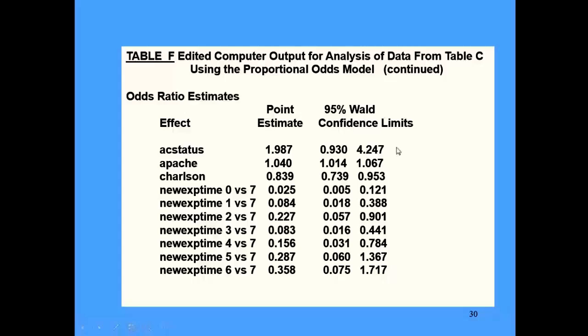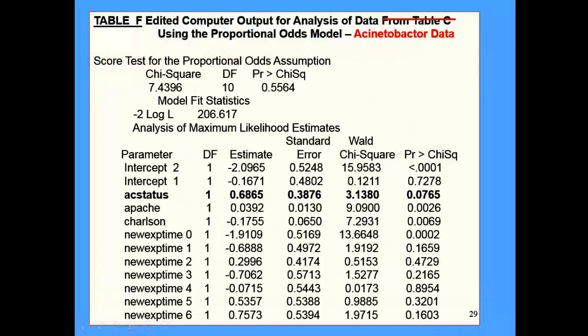Can you see from this the Wald test? Is it significant? Well, not at the 5% level. It's a two-tailed test, and the two-tailed test is not significant. What about the one-tailed test? How do you do a one-tailed test from a two-tailed?